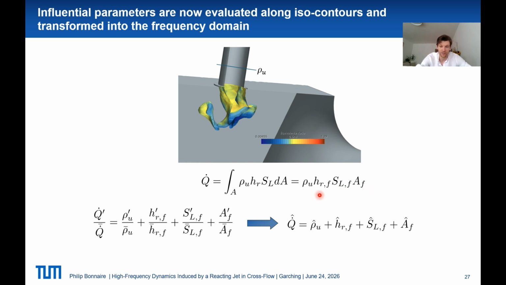And all of those quantities are now identified on isosurfaces, except the unburned density. This is taken somewhere in the mixing tube. We take the fluctuations, normalize them by its mean, and then we transfer those quantities into frequency domain. In frequency domain, we also have the advantage to get an idea of the phase lags between those quantities. And hence, we can see which quantity contributes to the global heat release rate.